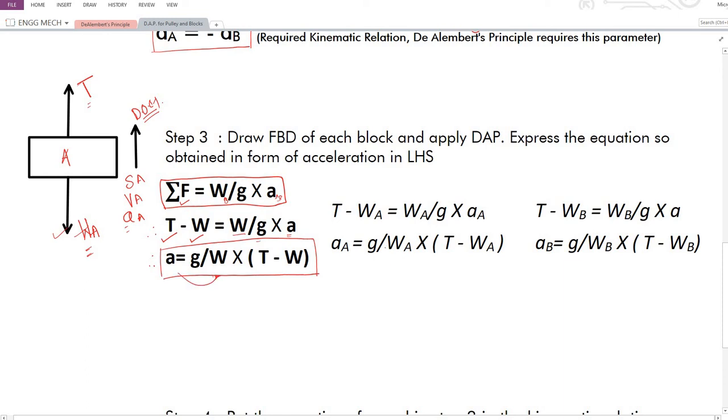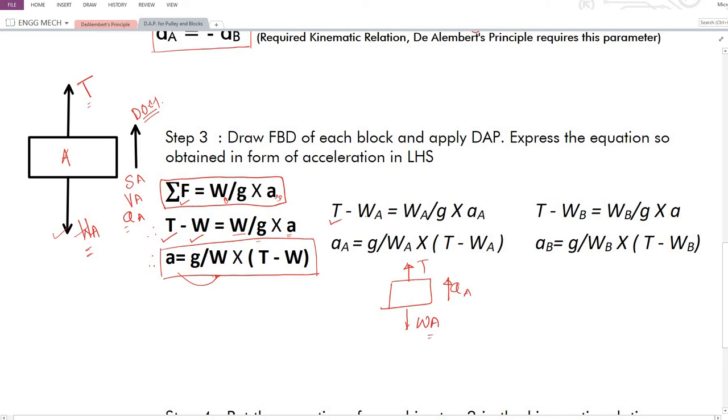See here, specifically, we have written this equation with respect to block A and block B. For example, if it is block A, this is the weight of block A, this is the tension, and this is the direction of motion, which is acceleration A. Tension is in the direction of motion, that's why taken positive.